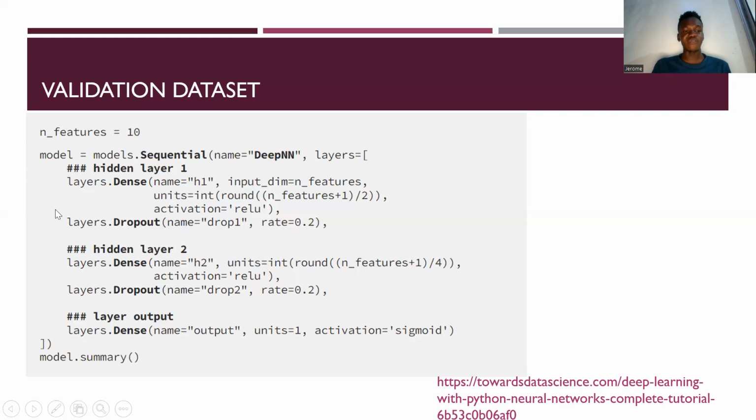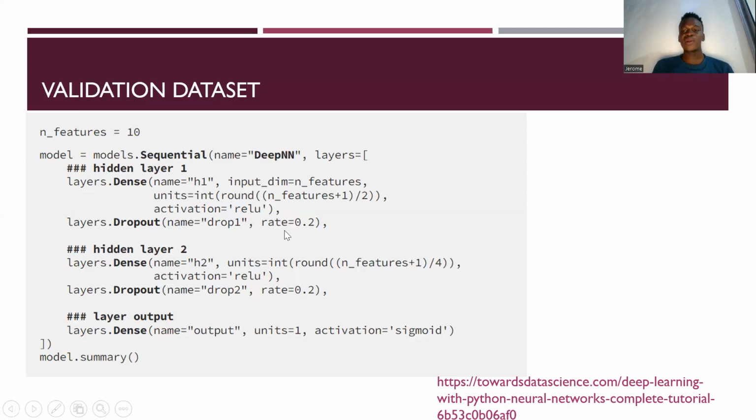We have 3 layers: hidden layer 1, hidden layer 2, then the output layer. Within these layers, we also have how many features, n features equals, and how many features each layer can accommodate, the units for the features, and we also have the learning rate.